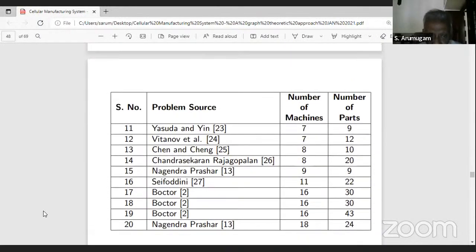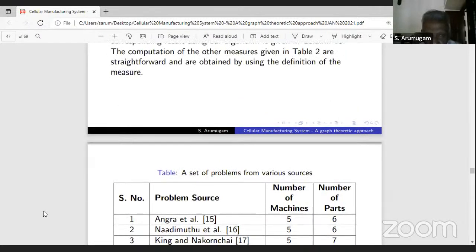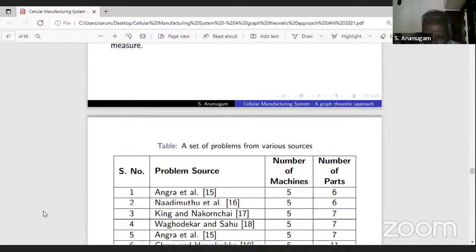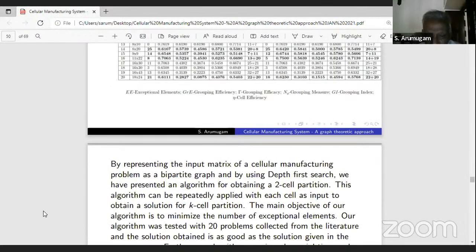Now, why should we study this problem? It is good for the industry to go for a cellular manufacturing system. In the existing system, the parts travel in a sequential manner and are taken to different machines.